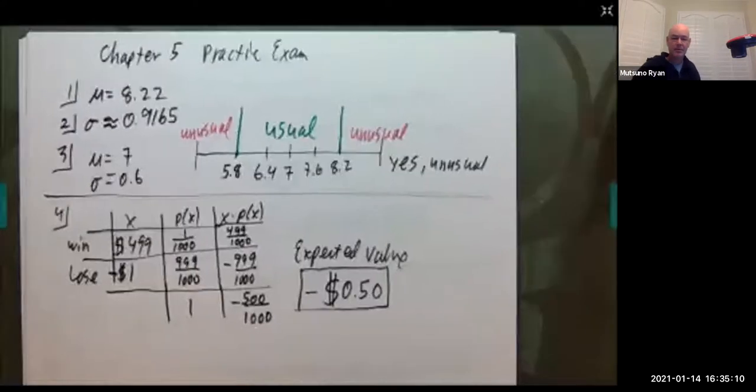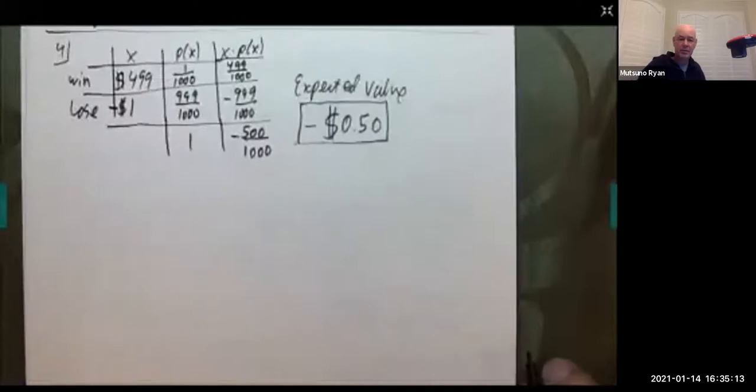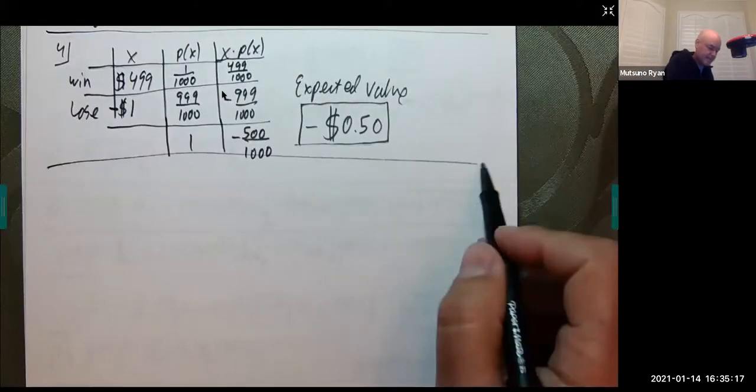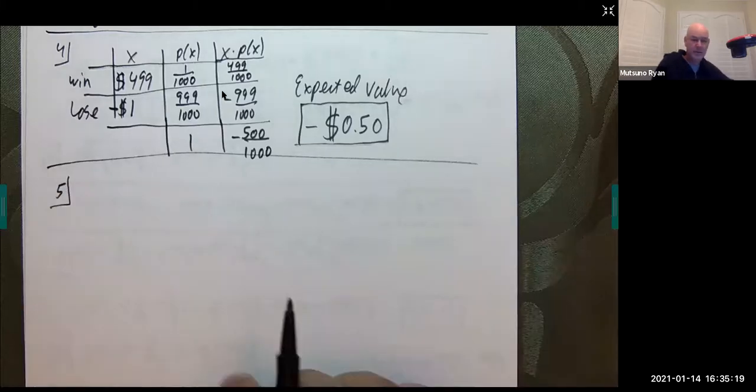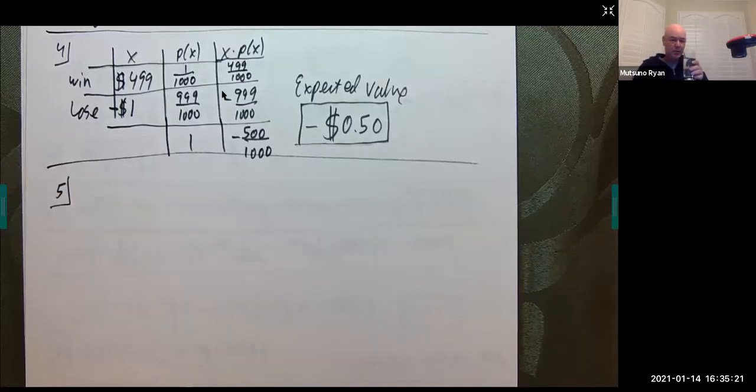Next up, number 5. The prizes that can be won in the sweepstakes are listed below together with the chances of winning each one.